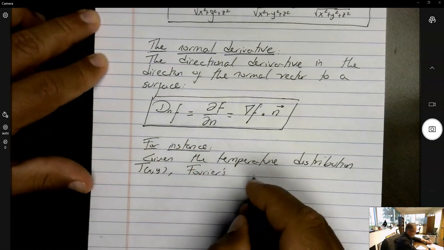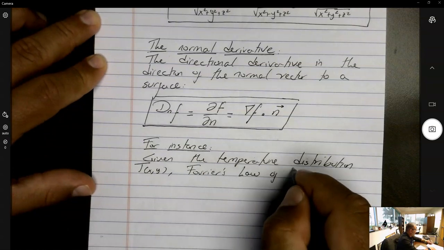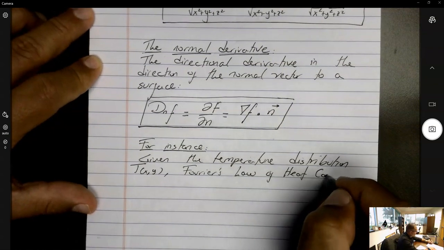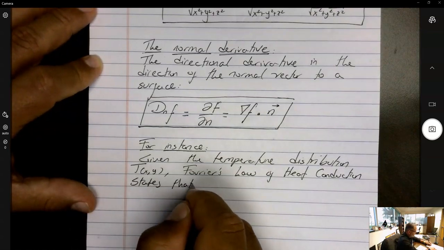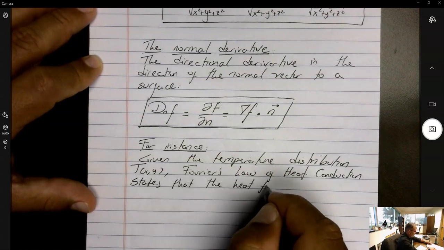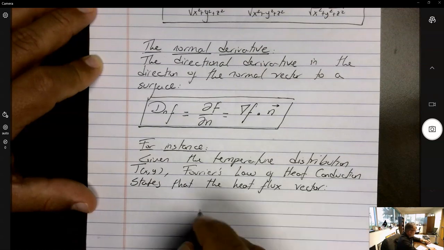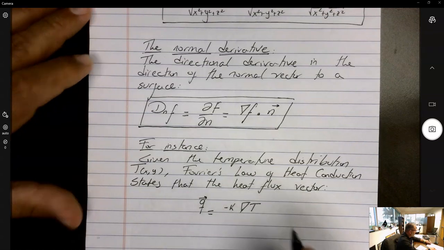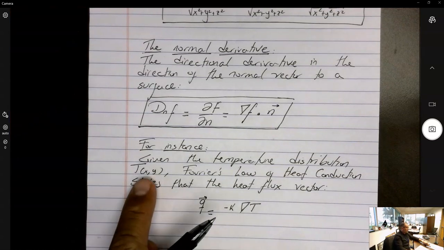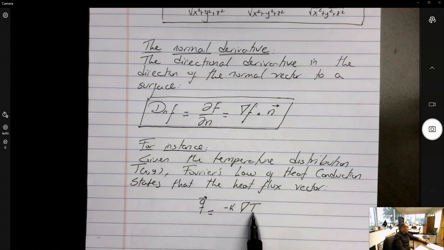Fourier's law of heat conduction states that the heat flux vector, we already defined that, q is equal to minus k grad T. So if we know the temperature distribution on a surface or in space, we can just take the gradient, multiply times the thermal conductivity of the conducting medium, negative sign, and we get a vector that represents the energy flux or heat flux. Okay?